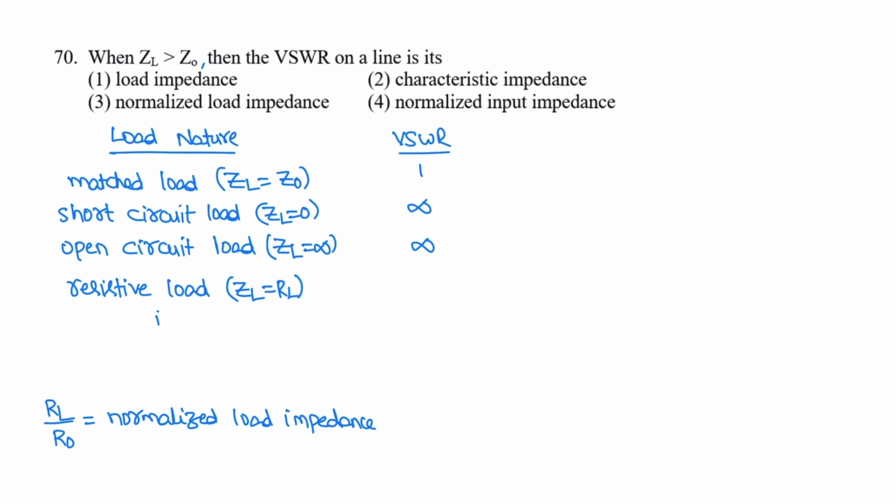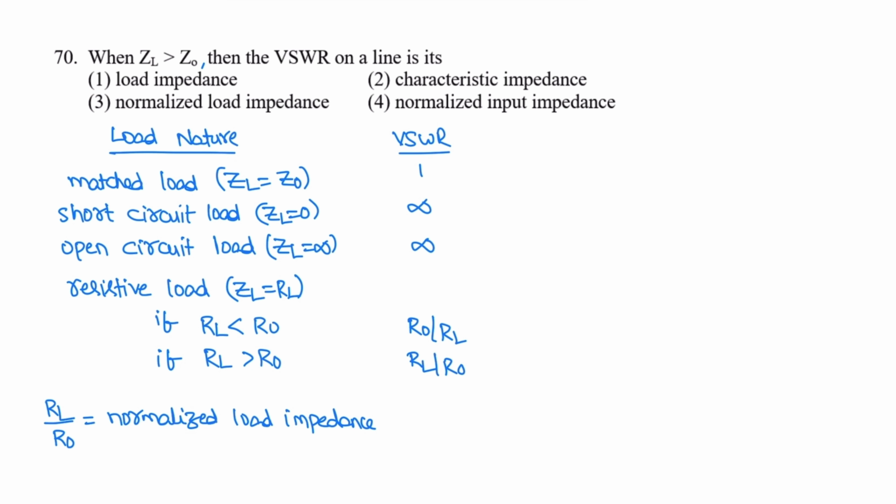In this case there are two conditions. If the load resistance RL is less than the characteristic impedance, whose real value is R naught, then VSWR is R naught by RL. In case 4, if RL is greater than R naught, then VSWR is RL by R naught, where RL by R naught is the normalized load impedance.